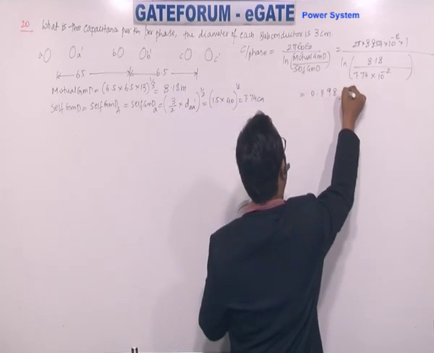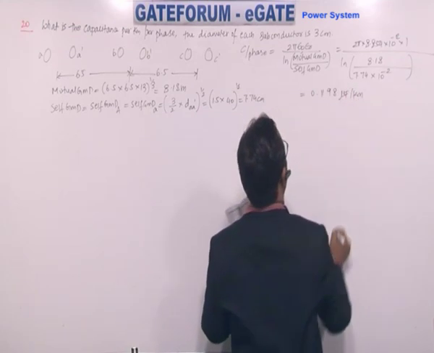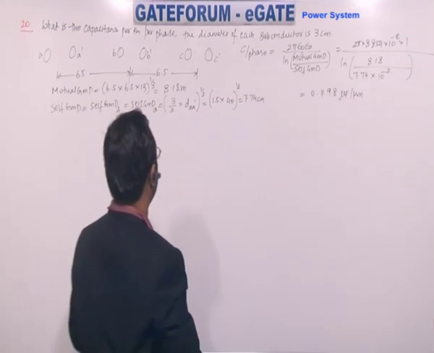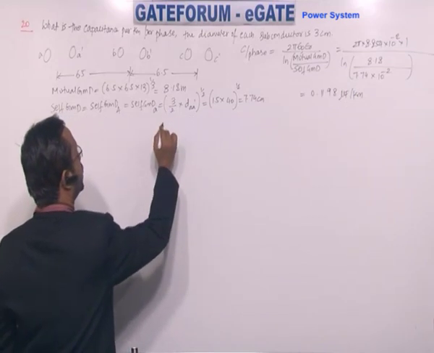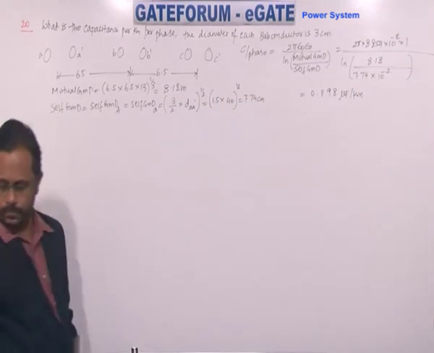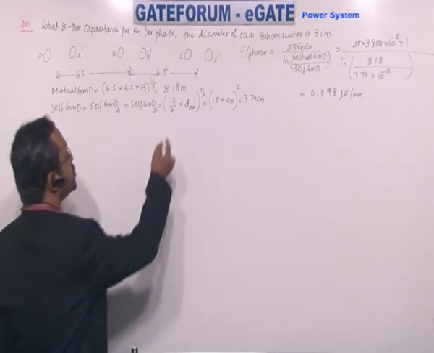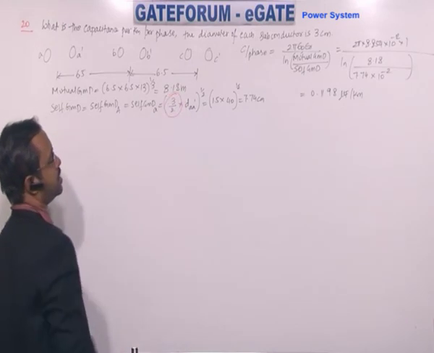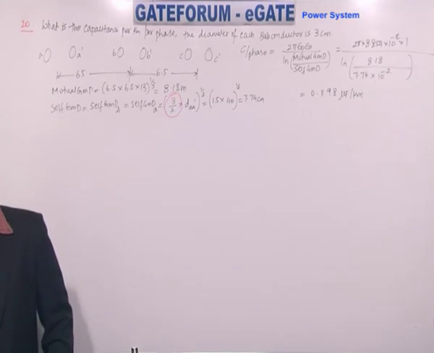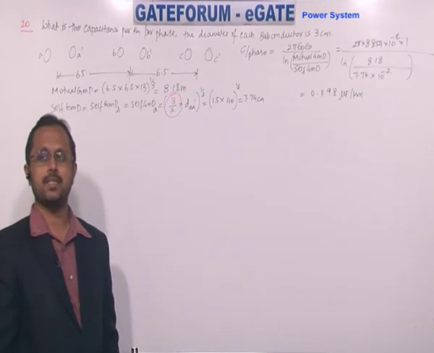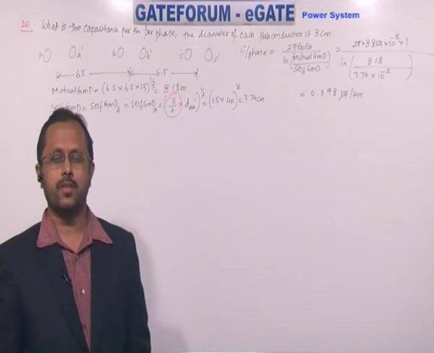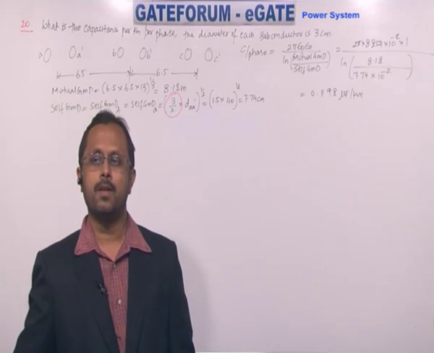0.1198 microfarads per kilometer. But observe an important point: you are not writing R dash here, it is only R, because for capacitance there is no significance of radius.